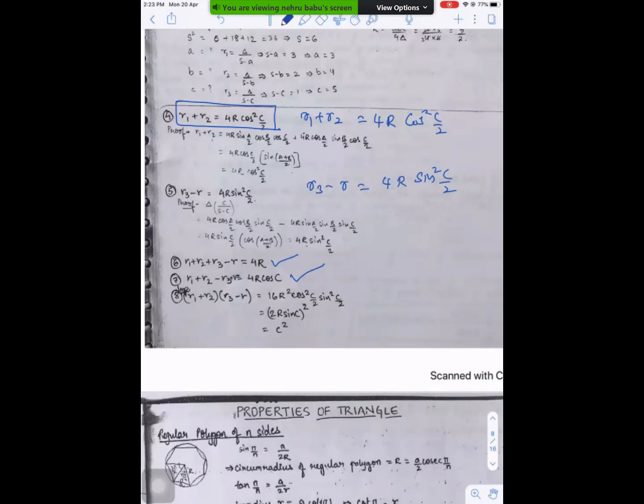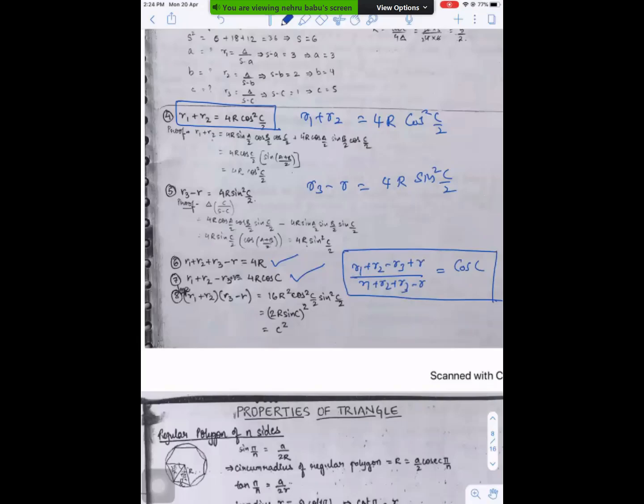So R1 plus R2 minus R3 plus R is giving 4R cos C. So in terms of exradii, R1 plus R2 minus R3 plus R by R1 plus R2 plus R3 minus R is always equal to cos C, simply, with 4R sent to that side. If you want to find angles by using exradii, this is the formula.